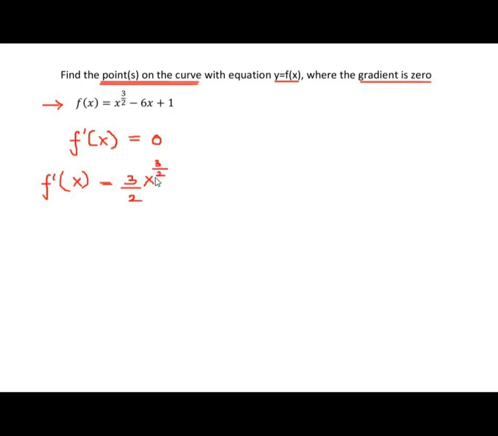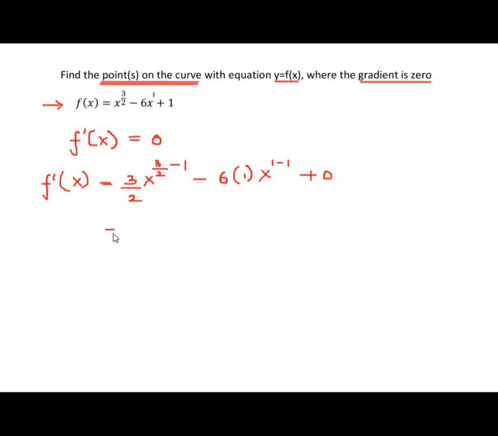So x raised to 3 over 2 minus 1, minus 6, x is raised to the power of 1 here, so we write times 1, x is again reduced by 1, so 1 minus 1, and differentiation of a constant term is 0. Remember, the differentiation of a constant term like 1, 2, 100, 1000, whatever, if it is a constant number, then its differentiation is going down to 0.